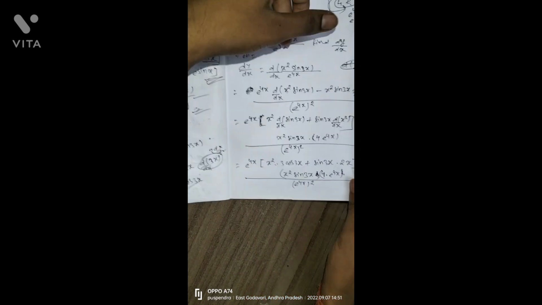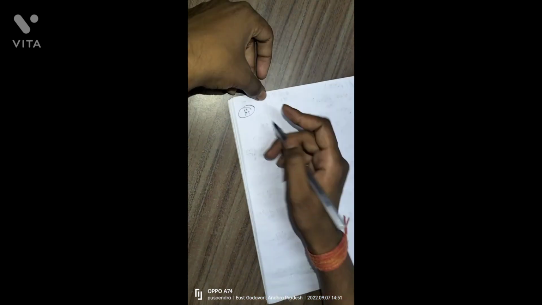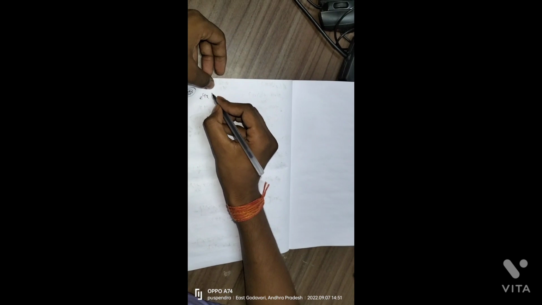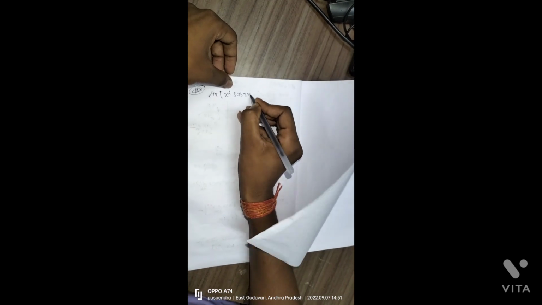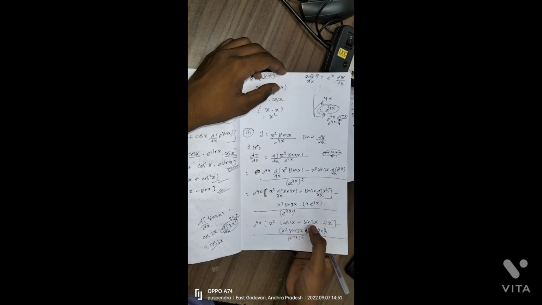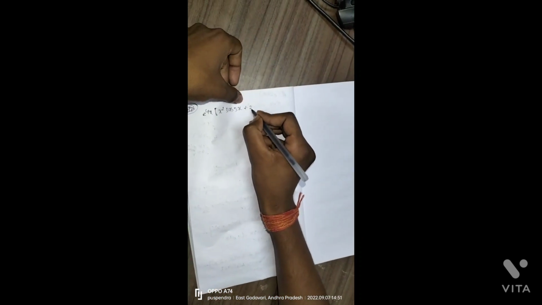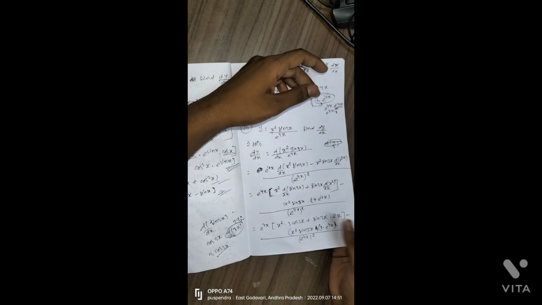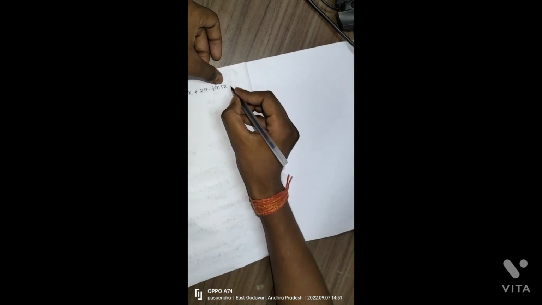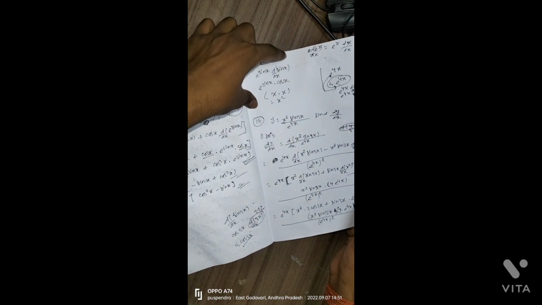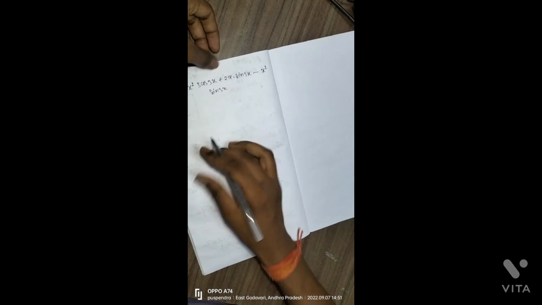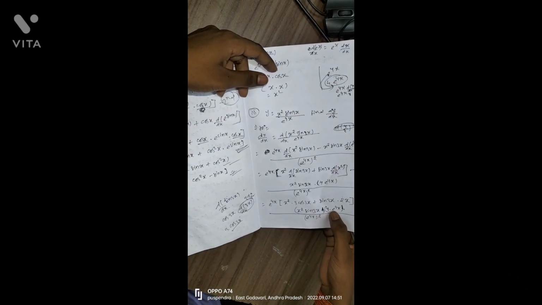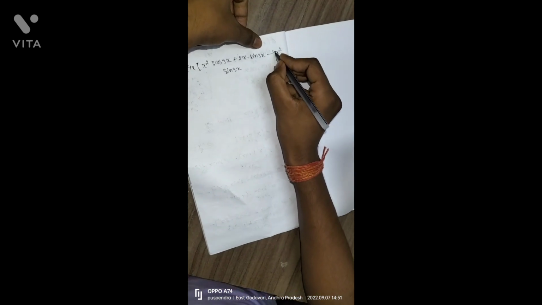Now what will it be here? x square 3 cos 3x plus 2x into sine 3x, minus x square sine 3x into 4. So I'll write 4 here also; then it is better.